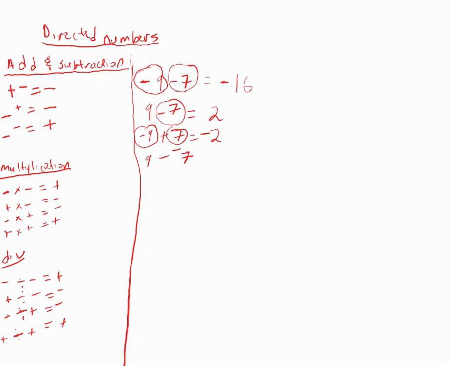Remember, this one we say minus negative, it gives us plus here. So here we are going to write it in the form +9 +7. This means you have 9 rand and you have 7 rand. This means in total you have 16 rand.